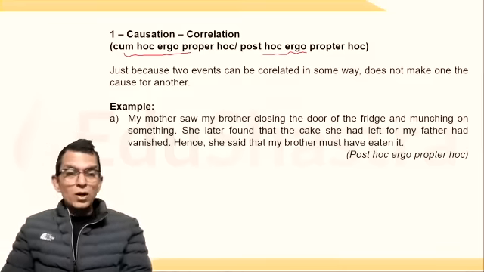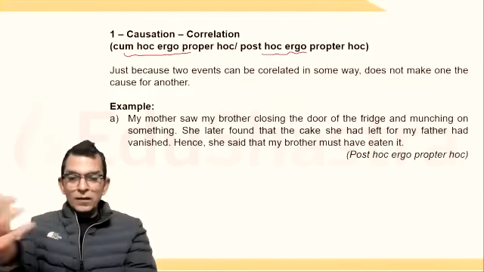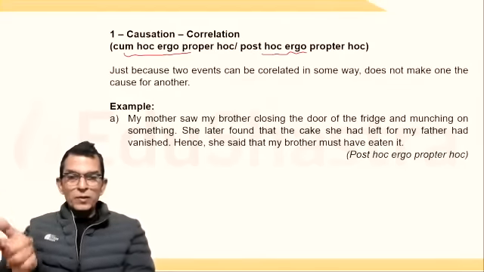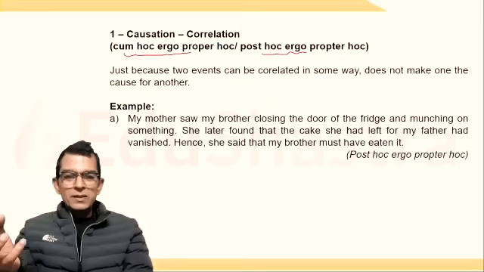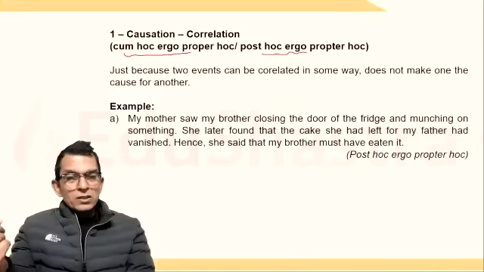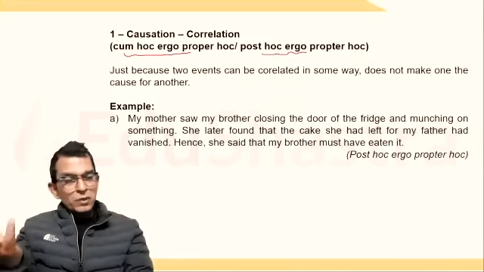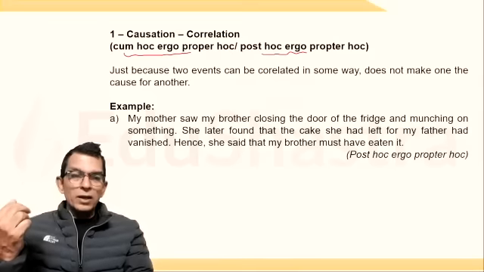This is called post hoc ergo propter hoc. Two things happened at the same time, one after the other. So I hold one responsible for another. Another example: the new prime minister took over, and inflation has started skyrocketing.